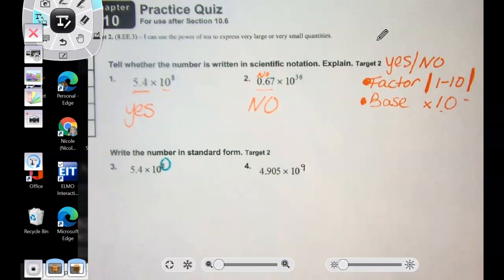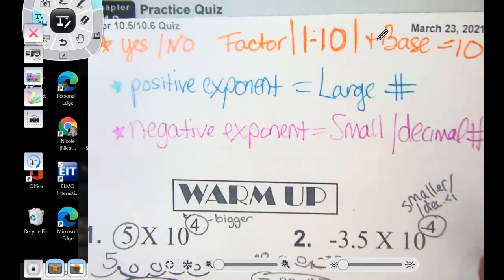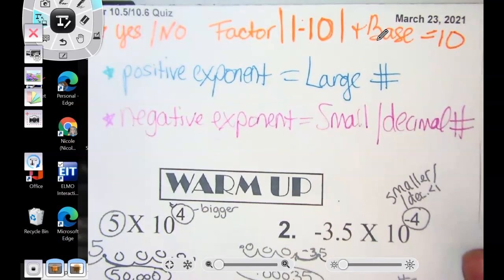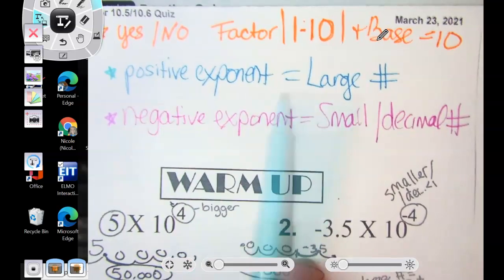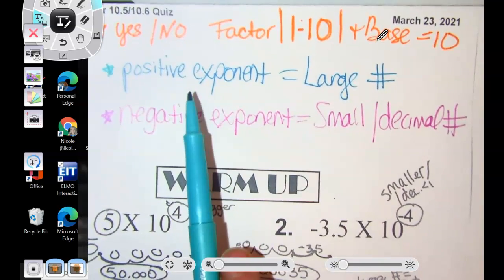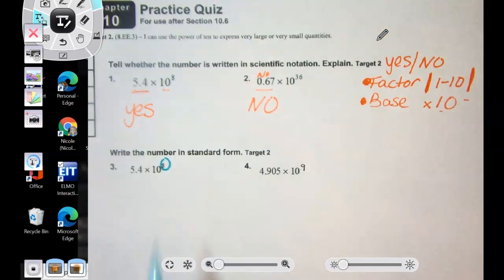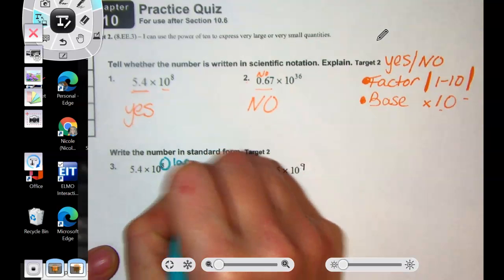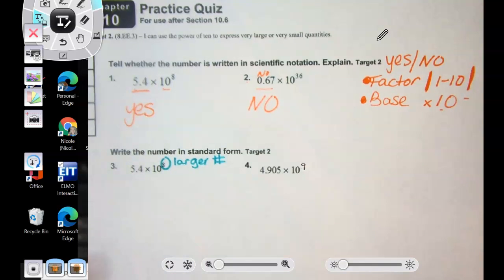Remember from the notes we had taken before, that you can print out from Google Classroom or you've taken yourself, a positive exponent means we want a larger number, or a larger number means the exponent's positive. It goes both ways. So looking at this, it's a positive exponent. That means we're going to want a larger number, meaning larger than 1. The number has to get bigger, not smaller.